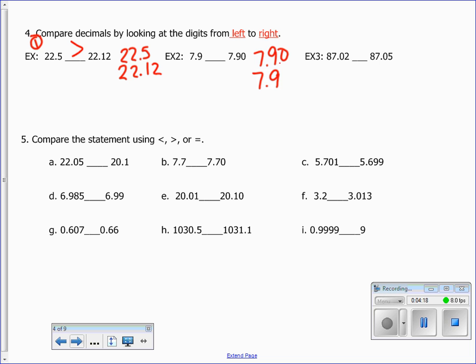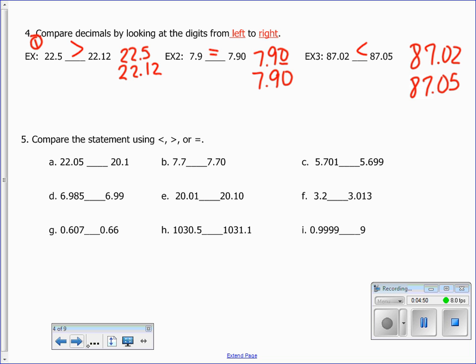There is an understood 0 here. Equal to. In example 3, again, compare as instructed from left to right. 8, 7, decimal point, 0. Now the 2 and the 5 compared, the 2 is going to be less than the 5.